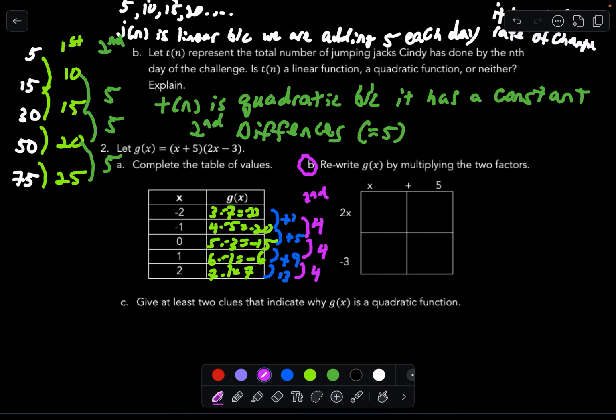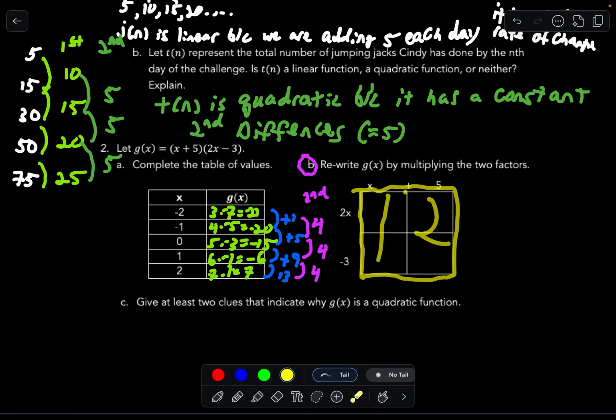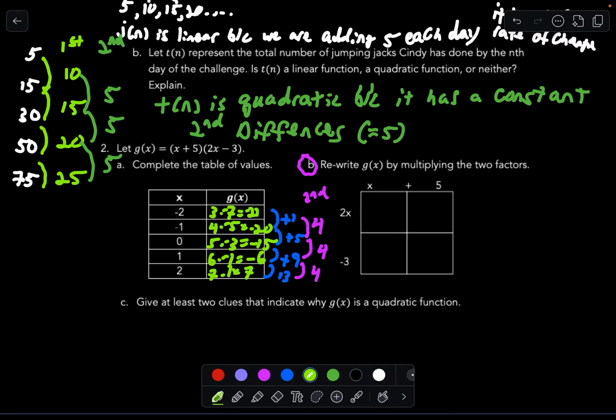The easiest way is to make a box like this. A square that has 2 rows and 2 columns. What we put here is the product of 2x and x. 2x times x is 2x squared. Then what goes here is 2x times 5, which is 10x.